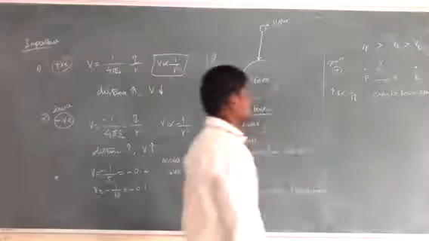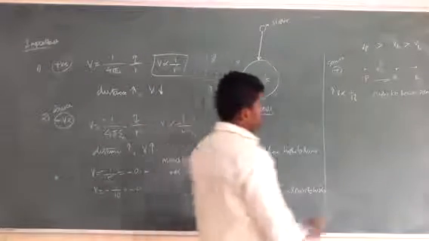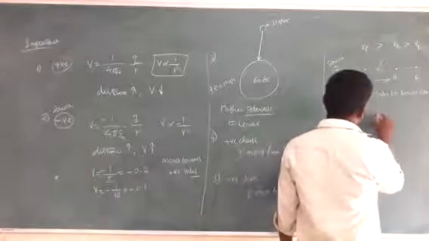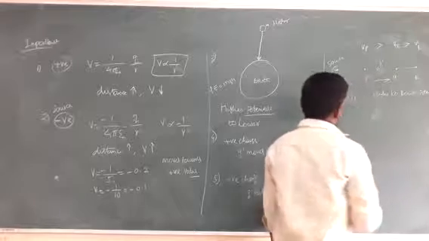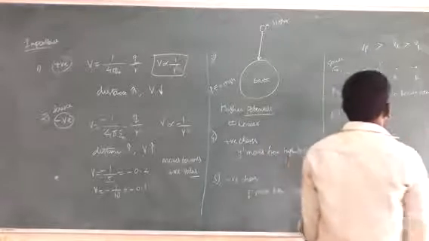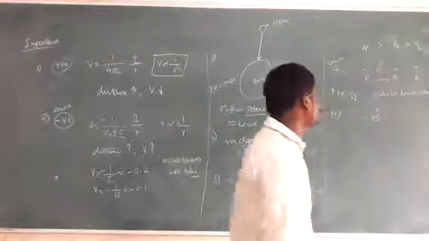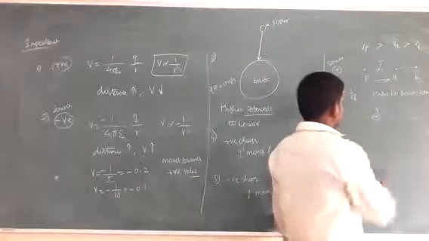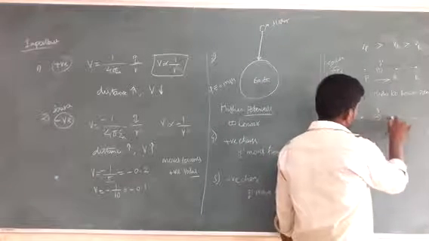The next, if it is for plus and minus, with Q dash. There is a repulsive force between them, so the direction of the electric field points outwards. There is an attractive force.